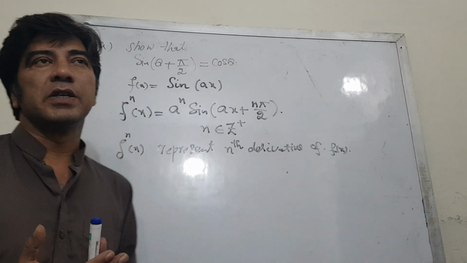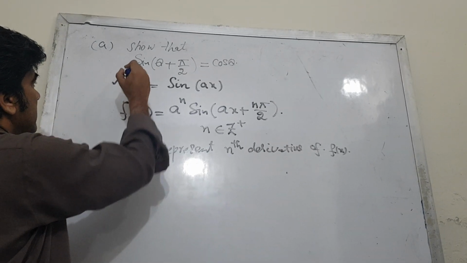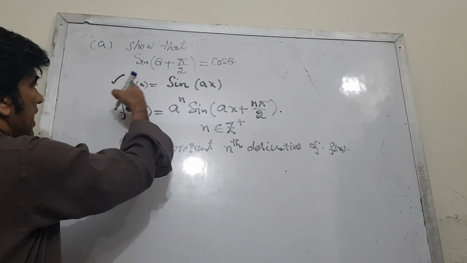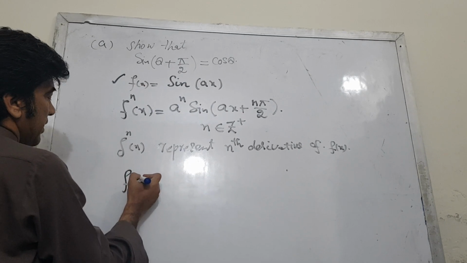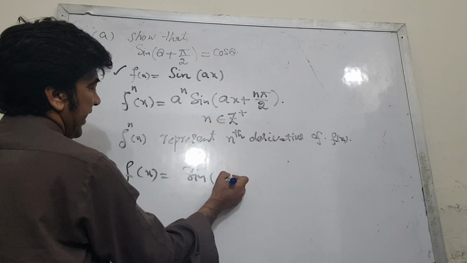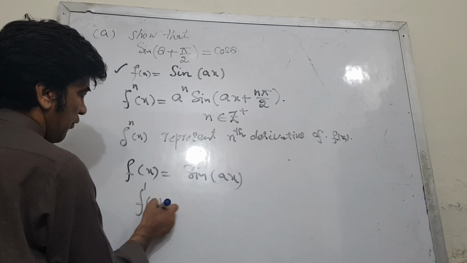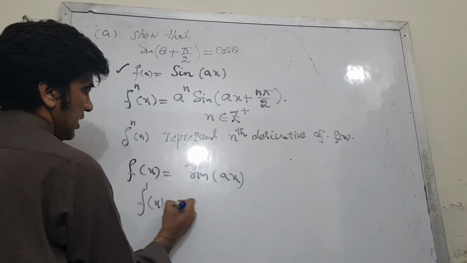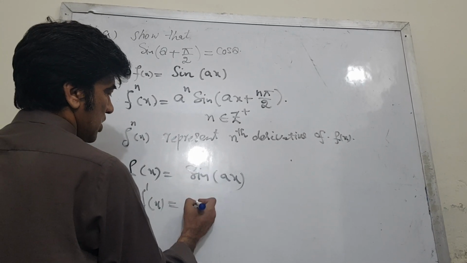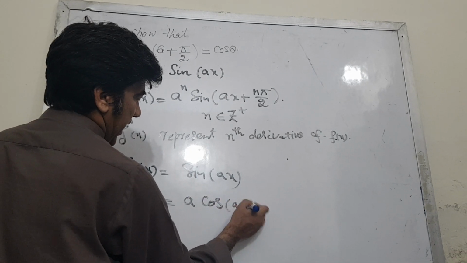So the first positive integer is 1. So if you have this function f(x) is equal to sine ax, right? Its first derivative, 1 means the first derivative of this, would be a cos ax.